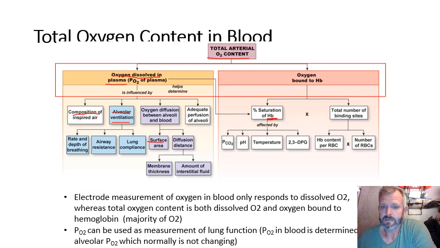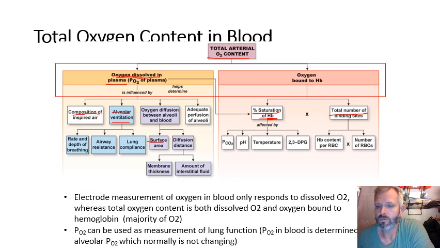And you can see the saturation. We're going to see hemoglobin can bind 4 molecules of oxygen. And what's the percentage of saturation? It is chiefly controlled by how much is dissolved in plasma. We dissolve more in, we can bind more to hemoglobin, and we're going to get more saturation. Another factor for saturation is the total number of binding sites. How many red blood cells do we have?